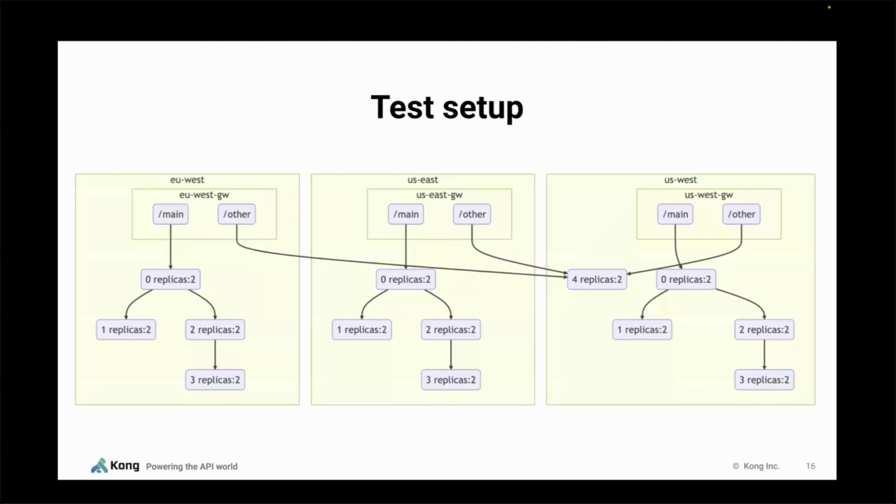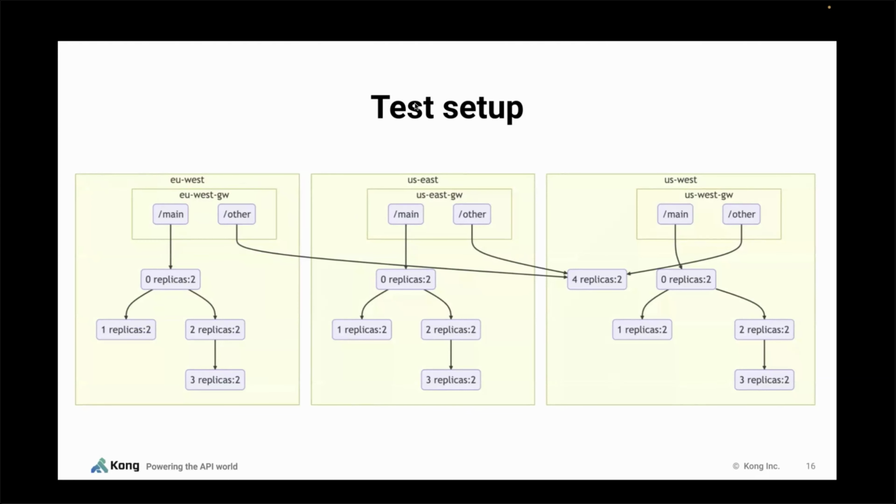Okay, so if we look at a scale up with the different regions up, we can see there's a US region, the US East region, and the US West region, right? What happens in our very first demo is that we will disable cross data center routing with the exception of /other.